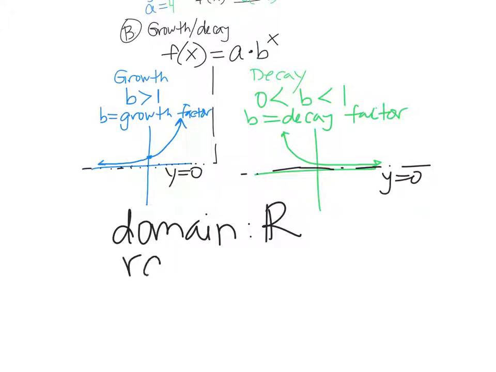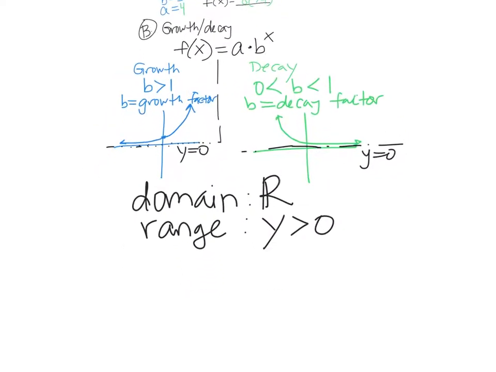The range though, the range is going to be the same for both, but it's not all real numbers. The range is going to be, now you see there's an asymptote at y equals 0, so the range will be y is greater than 0. All the stuff above 0. Okay? And that's going to change if we flip it or move it or all that stuff, but the basic parent function starts like this.